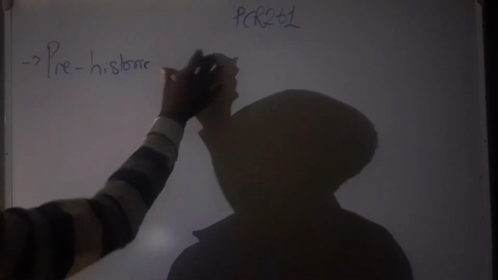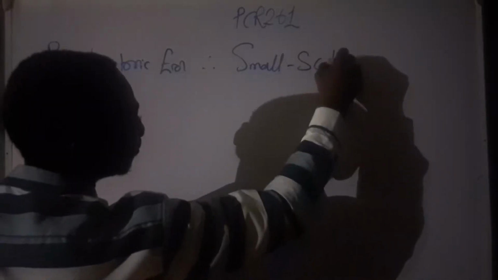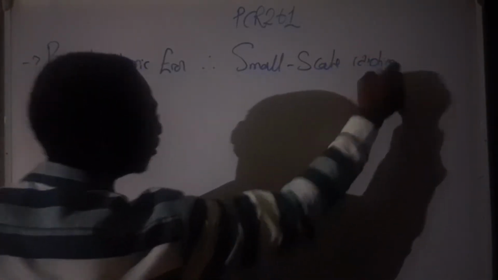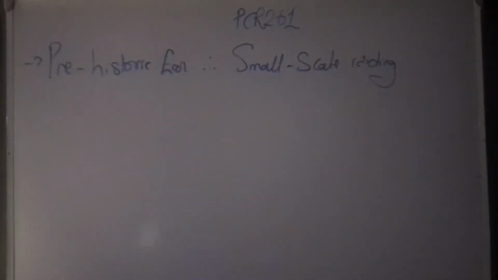So during the prehistoric era, let's put it this way: disputes were in the form of small scale raiding. And when we say small scale raiding, what are we talking about?